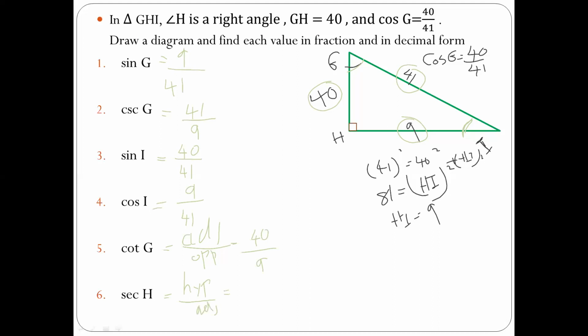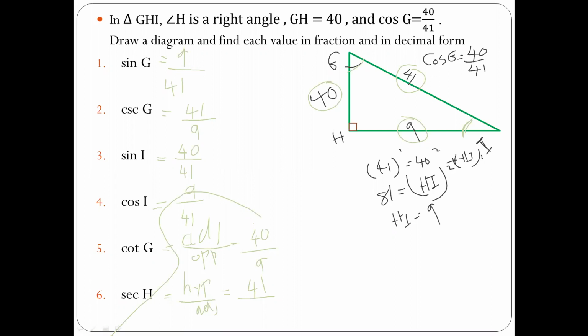Okay, what is the hypotenuse? It is 41. What is the adjacent? It is hypotenuse over adjacent, 41 over what is its adjacent? Here we have, it could be 9, it could be 40.